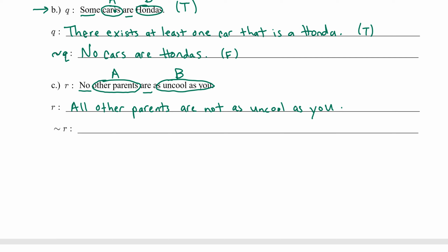That is, the other parents are way cooler than you, right? That's what they're trying to say. So, no other parents are as uncool as you is equivalent to saying all other parents are not as uncool as you.